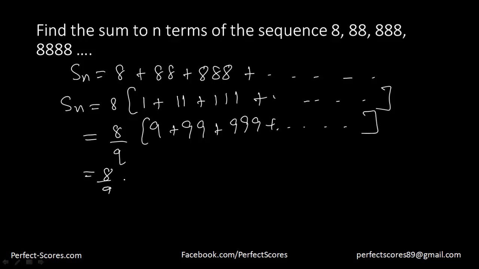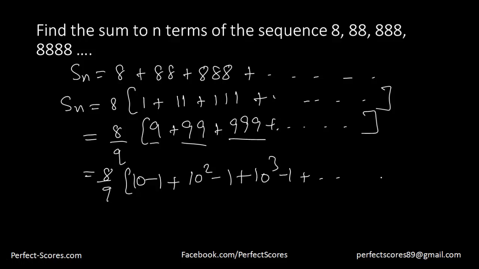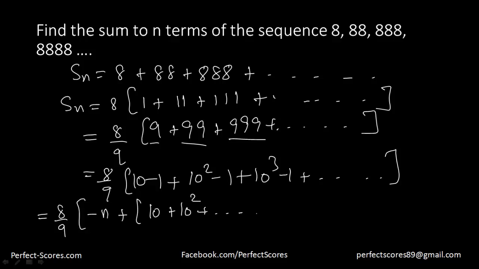I can say this is equal to 10 minus 1, this is equal to 10 square minus 1, this is equal to 10 to the power 3 minus 1, and so on. So this is going to be 8 by 9 times, minus 1 is going to come n times, so it's going to be a negative n, plus 10 plus 10 square all the way till 10 to the power n.